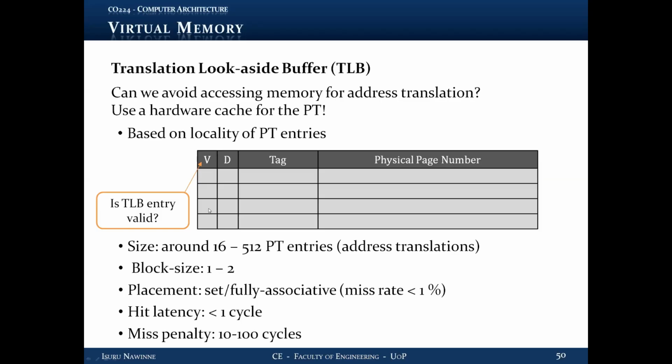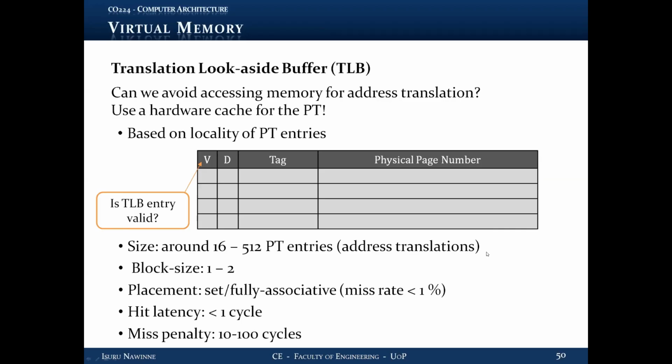So the block size for the TLB is 1 to 2 address translations in a single block. So we are going to bring two adjacent address translations, two adjacent page table entries, from the page table into the TLB together, right?